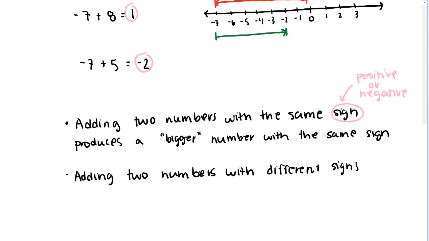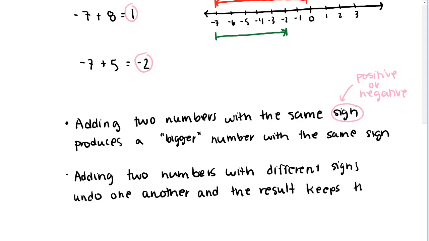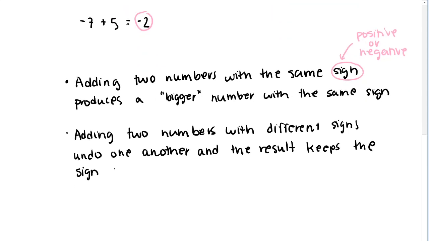If I have money and I have debt, they kind of cancel each other out, and the larger one takes over. Right, so here, adding 2 numbers with different signs undo one another. And the result keeps the sign of the bigger number.